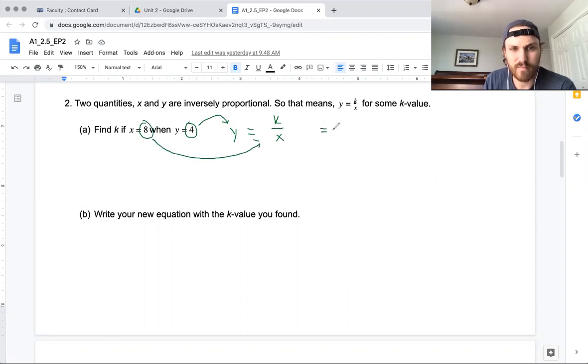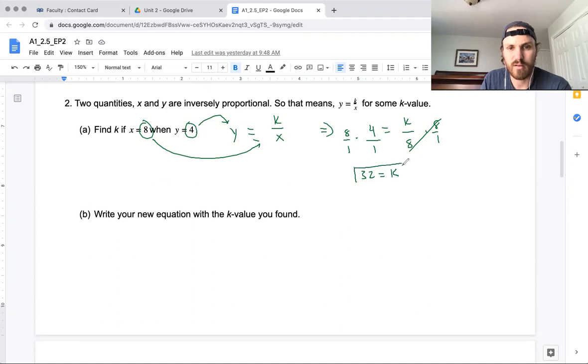If we do that, this arrow means we would get 4 equals k over 8. Again, this is a proportion because 4 is the same thing as 4 over 1, and a proportion is a fraction equaling a fraction. So now we should be able to multiply by 8 over 1 on both sides. This will divide, and so now I just have 32 is equal to k.